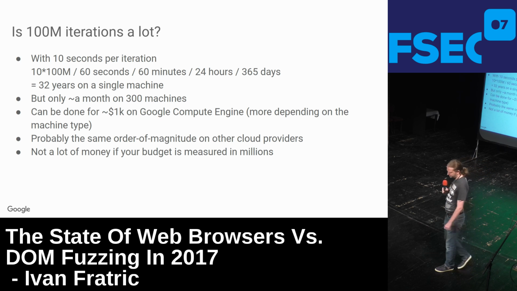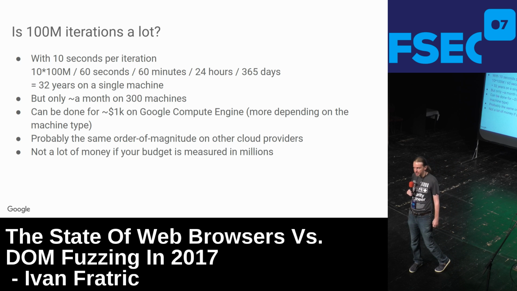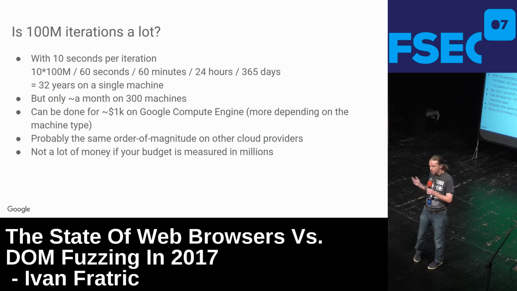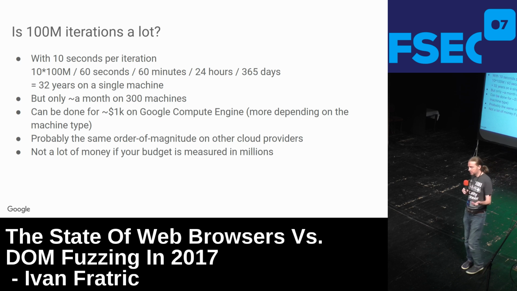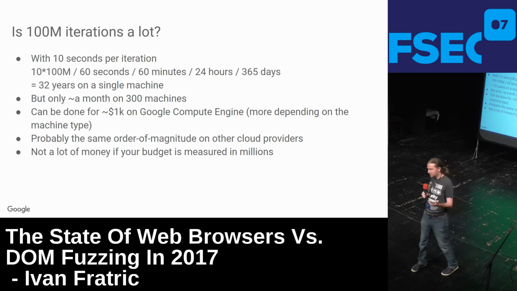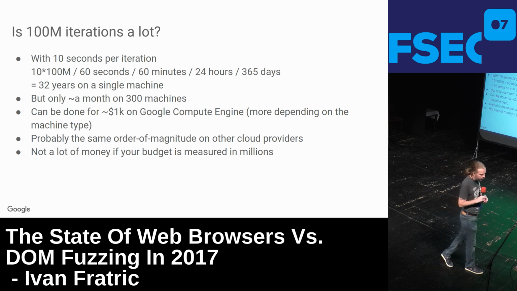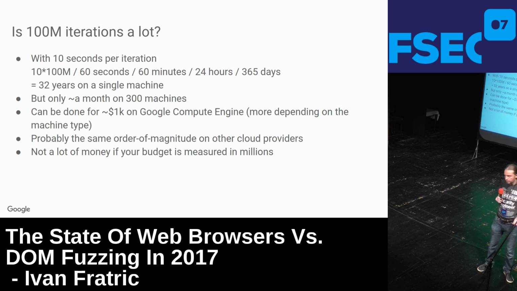So how much would 300 machines for a month cost you? Well, I did some calculations on Google Compute Engine, and it turns out that if you use the weakest available virtual machines, then you would be able to do that for about $1,000.